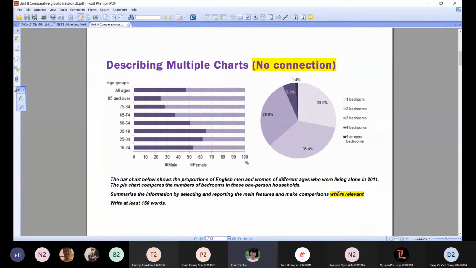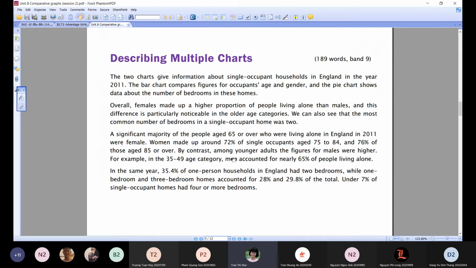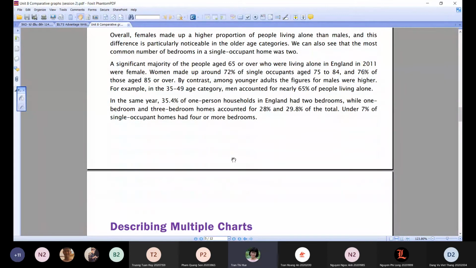So remember that you don't have to make comparisons all the time. You only compare when there is a connection between the two charts. And in this case, there is no connection. So you only see 4 paragraphs and no comparison between the two charts. Is that clear for you?